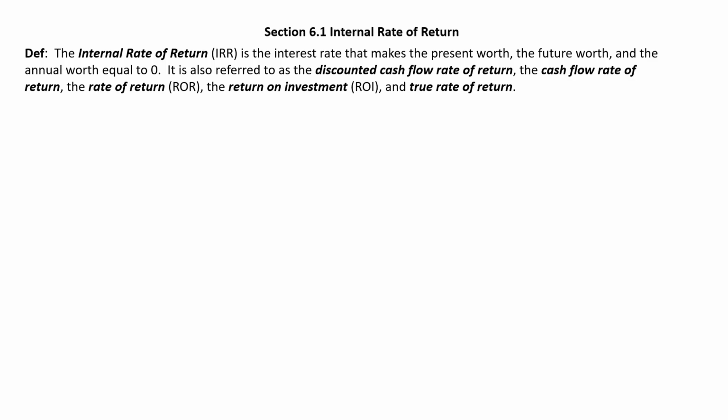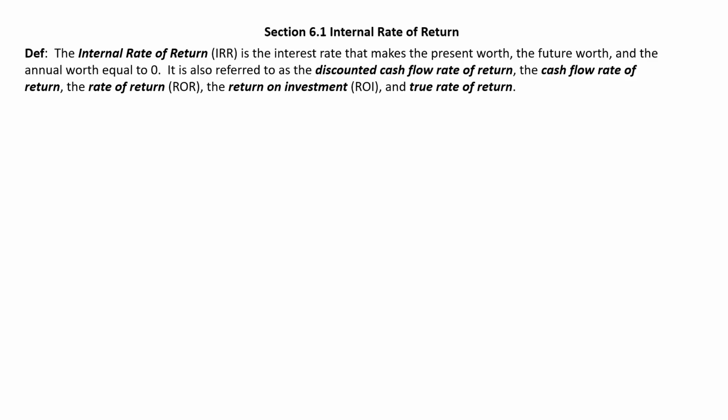In a way, that's kind of redundant. The moment the present worth of something is zero, automatically the future worth is going to be zero and the annual worth would also be zero. The reason it is stated that way is that it depends on what is convenient for you.